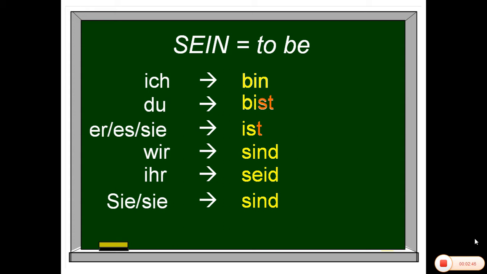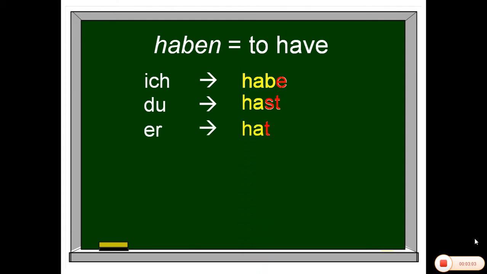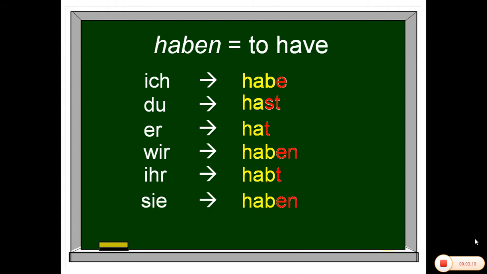So the same verb in German is ich bin, du bist, sie ist, wir sind, ihr seid, Sie and sie sind. The second important verb is haben, to have. Ich habe, du hast, sie hat, wir haben, ihr habt, Sie und sie haben.